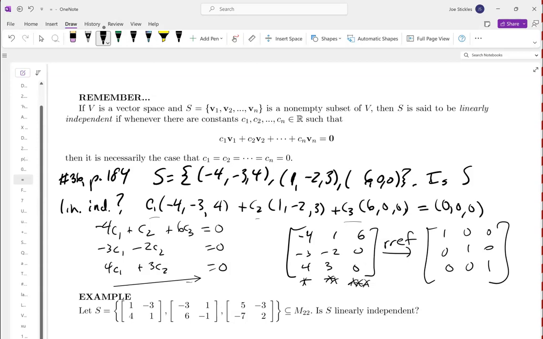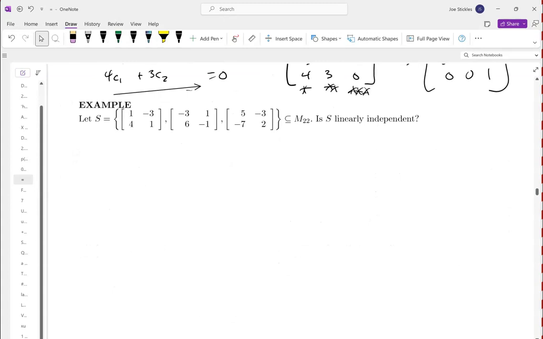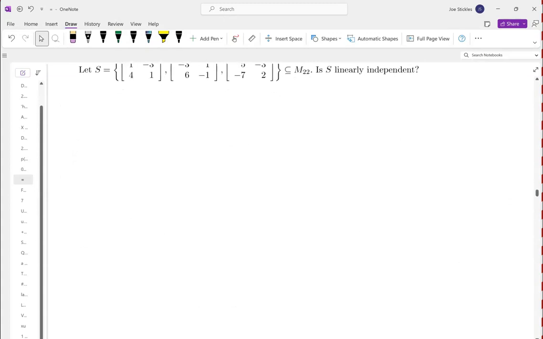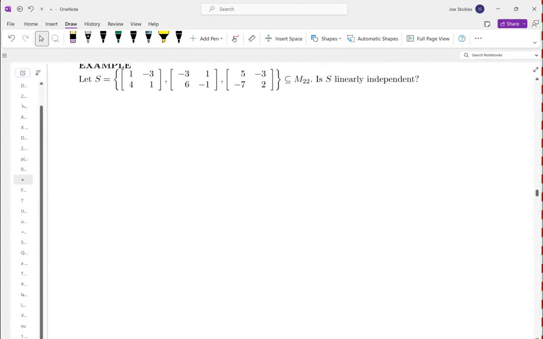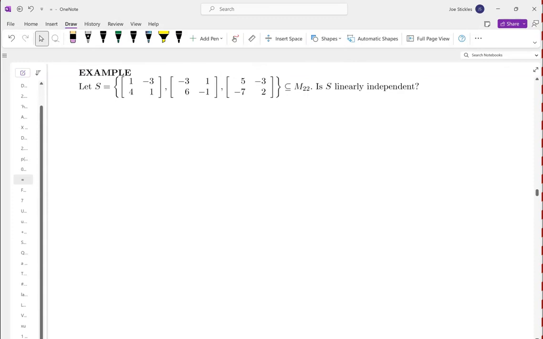Okay. We're also leading into adding some more conditions to our big mega theorem. All right. Let's look at the next one. We're talking about 3 matrices in M22. So 3 2x2 matrices, and it asks, is this set linearly independent in M22? Same exact idea.